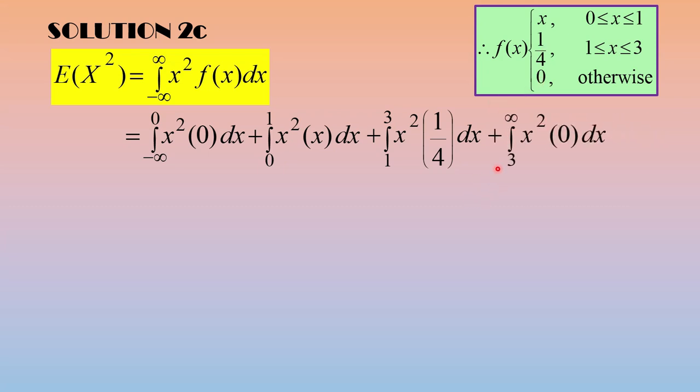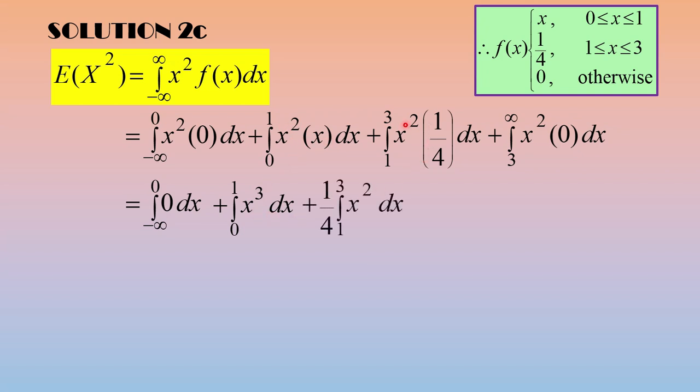And last one, from 3 to infinity, x squared times 0. Simplify. From 0 to 1, you will have x squared times x, we have x cubed, plus 1 over 4 I will bring in front, and inside the integral we have x squared.